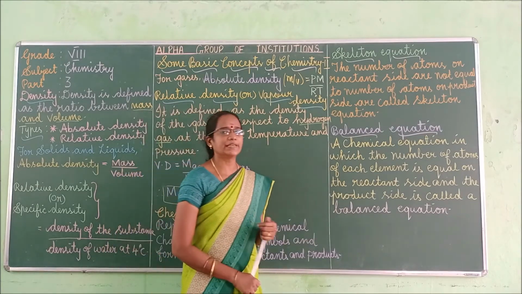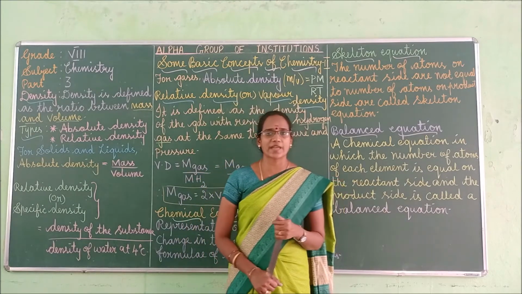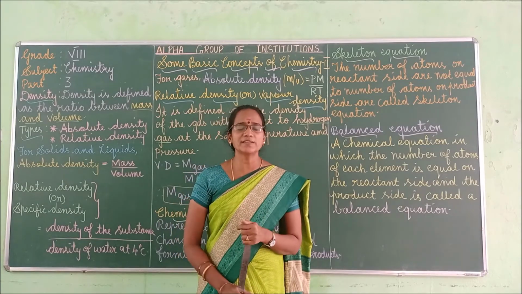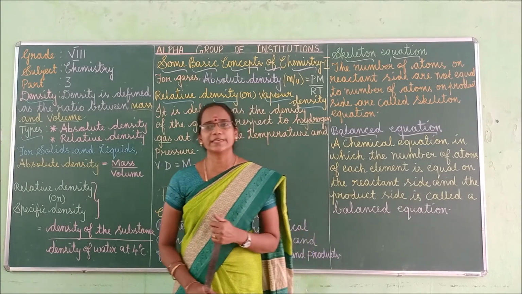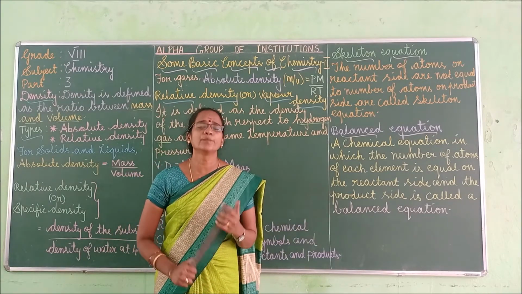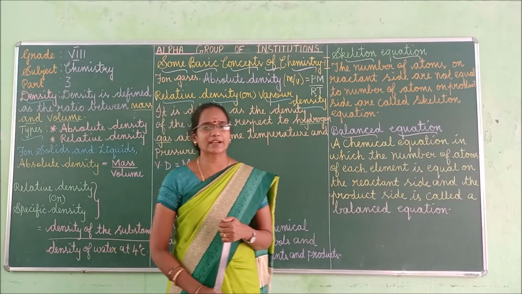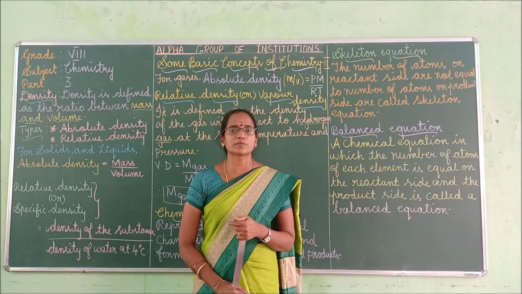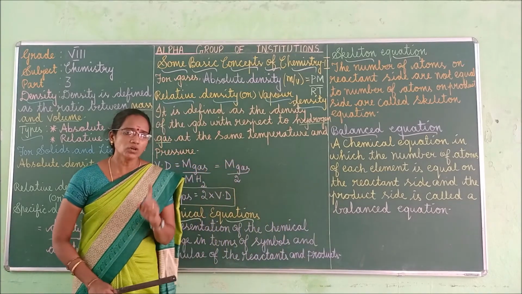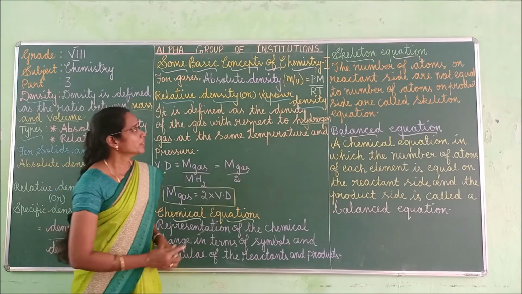So a chemical equation is a symbolic representation of a chemical reaction by using formula or symbols. There are two parts in a chemical equation: the reactants and the products. Reactants are substances that take part in the chemical reaction, whereas products are substances that are formed. So reactants give products.